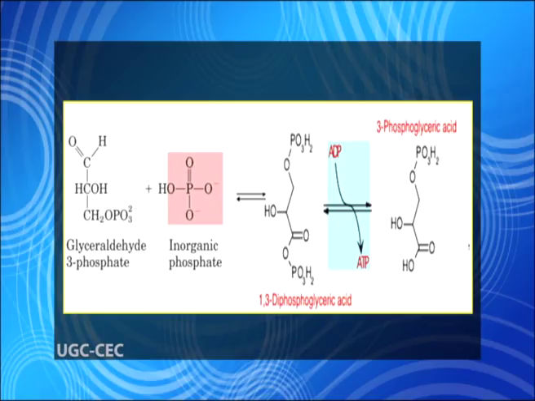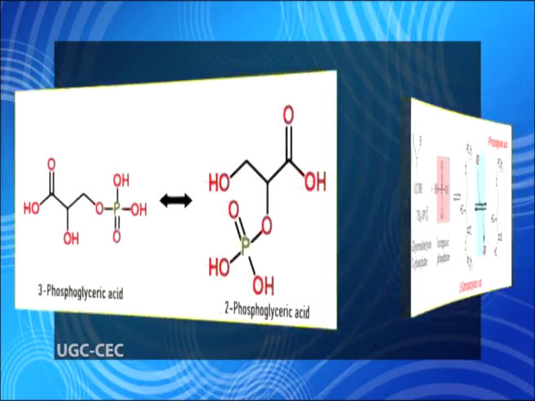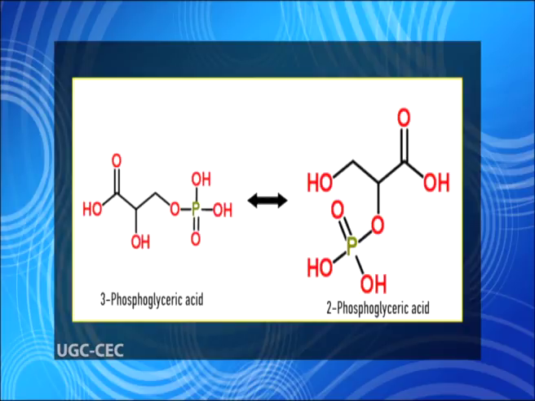1,3-diphosphoglyceric acid is converted into 3-phosphoglyceric acid through the loss of phosphate to ADP, which is phosphorylated to ATP. Then glyceric acid 3-phosphate is changed into its positional isomer, glyceric acid 2-phosphate.